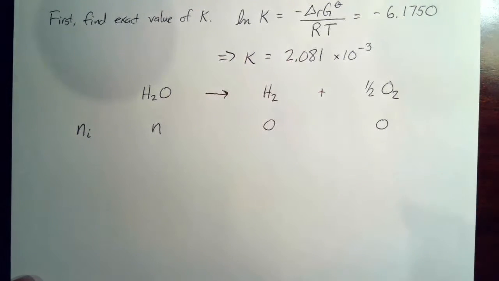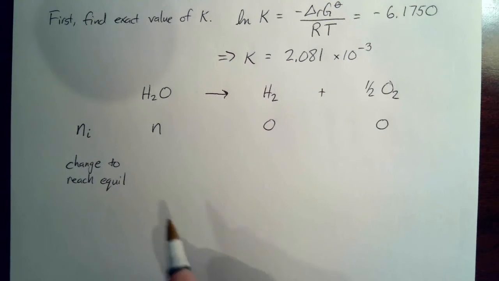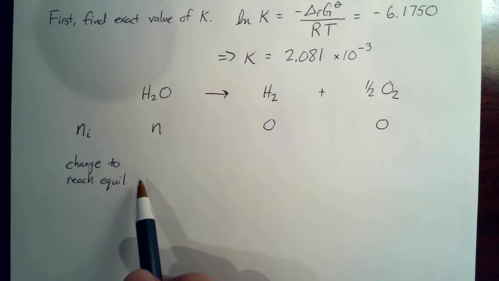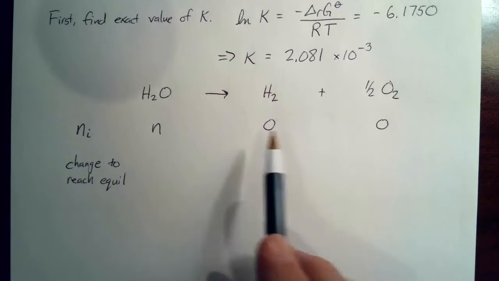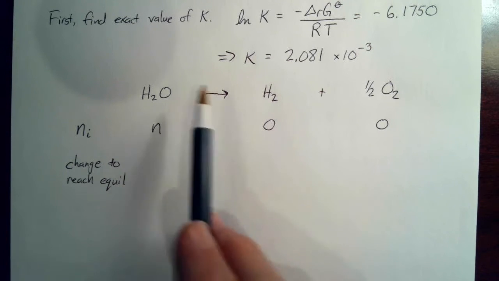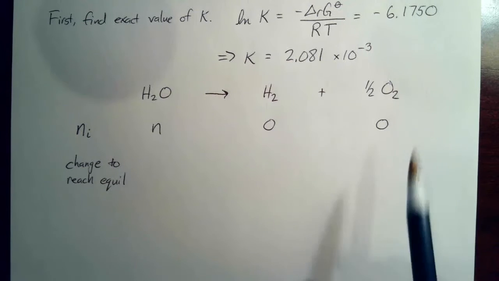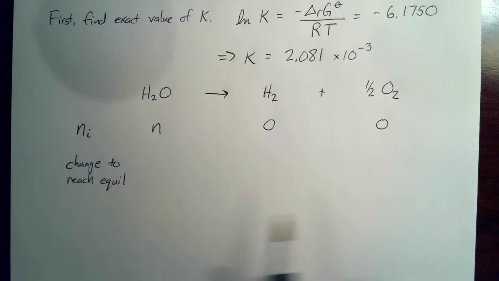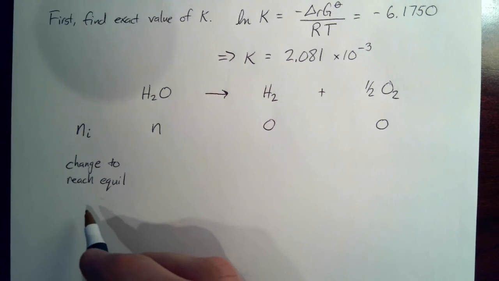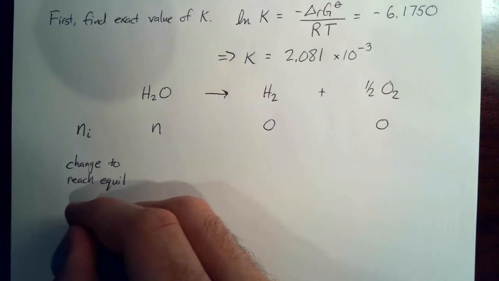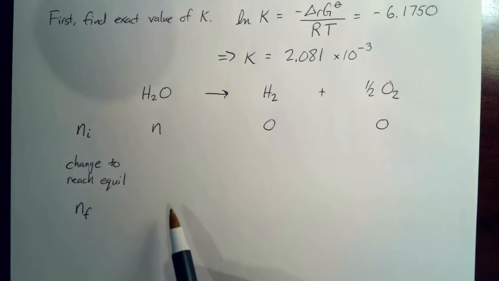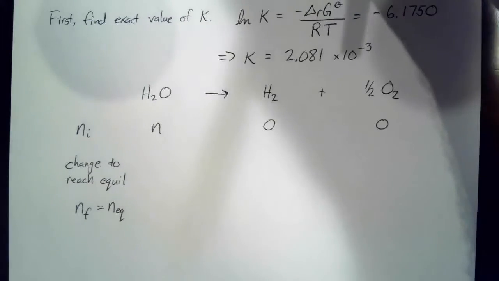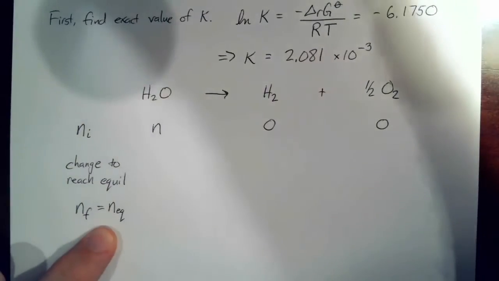And then we wait for this to go to equilibrium, and we want to see how much of the water has decomposed. The next thing we'd like to fill in this table is how much will each of these change in order to reach equilibrium. And for that, we can use this chemical equation. But first, it's instructive to consider what is N final going to be for water, which is the same thing as N equilibrium.